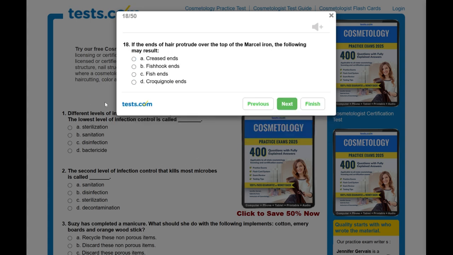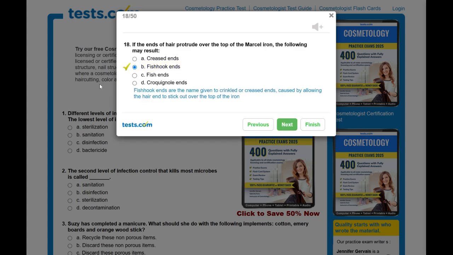Question 18. If the ends of hair protrude over the top of the Marcel iron, the following may result. A. Creased ends. B. Fishhook ends. C. Fish ends. D. Crokinole ends. B. Fishhook ends. Fishhook ends are the name given to crinkled or creased ends, caused by allowing the hair end to stick out over the top of the iron.